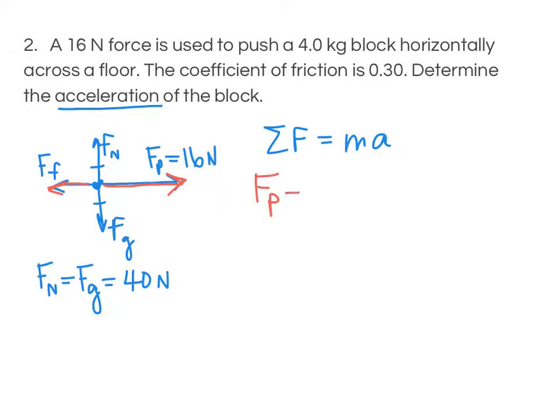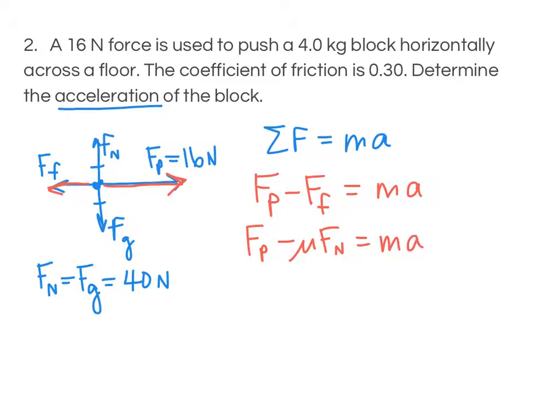This is a good habit to get into so I can handle any sort of situation. My applied force minus my frictional force equals mass times acceleration. And then I'll also substitute in that the frictional force can be calculated by taking mu times the normal force.